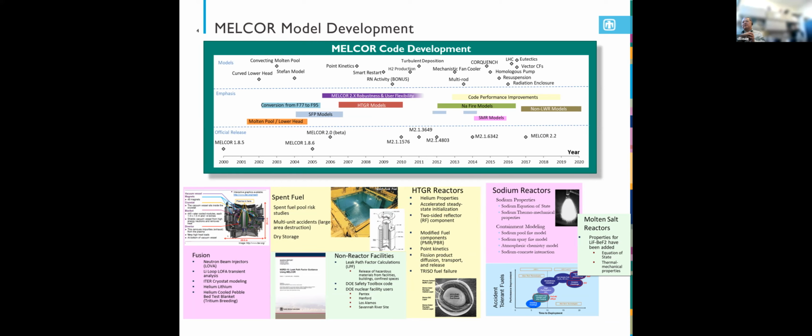We model TRISO fuel failure, and we have point kinetics as part of this, from early 2000, part of the 1.86 improvement in the laboratory development, research and development project. And then the sodium reactor, which I'm going to talk about a little bit more here. And of course, we're also looking at accident tolerant fuel as well. And on the right, showing the molten salt reactor that we are in the process of doing.